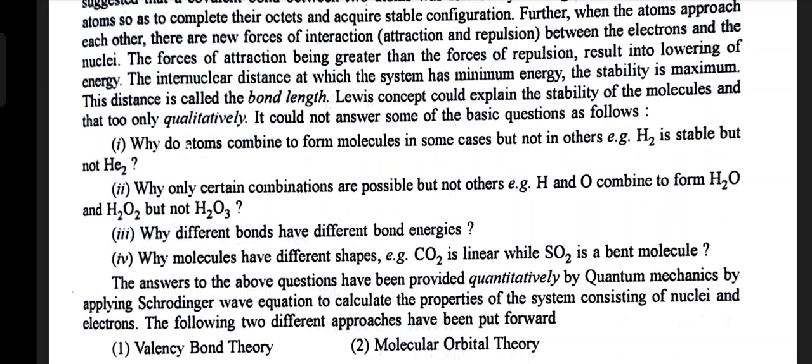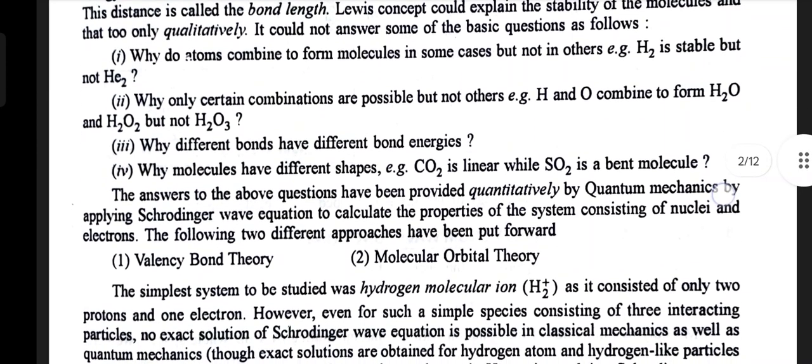Second, why are only certain combinations possible but not others? Example, hydrogen and oxygen combine to form H2O and H2O2 but not H2O3. Third, why do different bonds have different bond energies? Fourth, why do molecules have different shapes? Example, CO2 is linear while SO2 is a bent molecule.